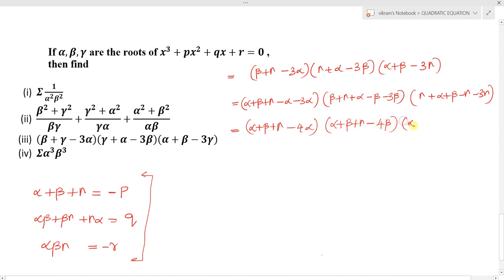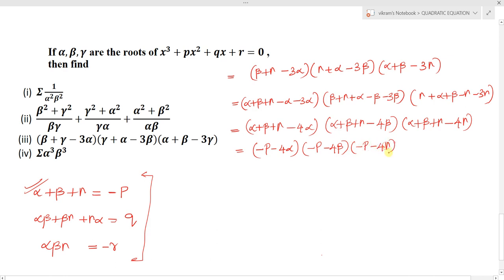Then the next term is also alpha plus beta plus gamma minus 4 gamma. And we can write alpha plus beta plus gamma from the given equation as p, so we get minus p minus 4 alpha, minus p minus 4 beta, and minus p minus 4 gamma.